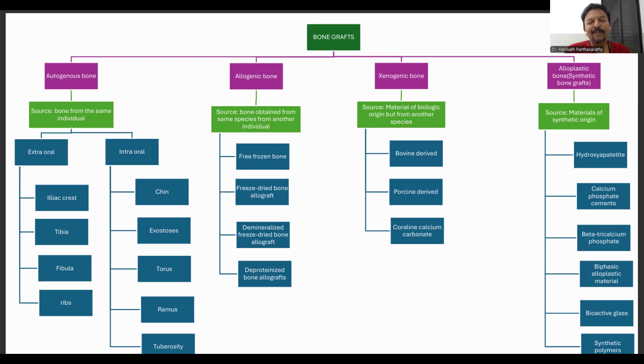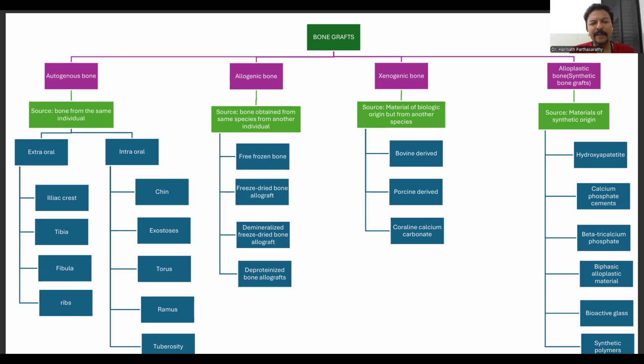Of these four types of bone grafts, the most popular ones are FDBA and DFDBA. FDBA stands for freeze-dried bone allografts, and DFDBA stands for demineralized freeze-dried bone allografts. These two bone grafts are the most popular choices when you want to use allografts for dental regeneration.